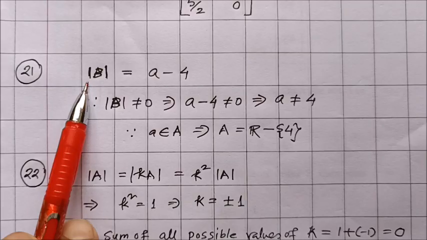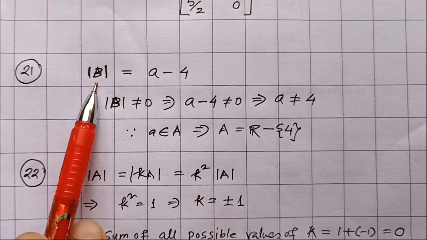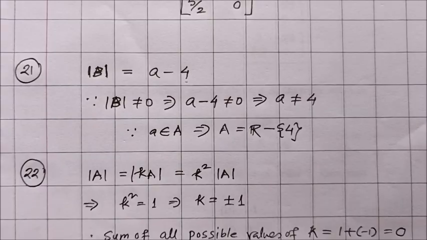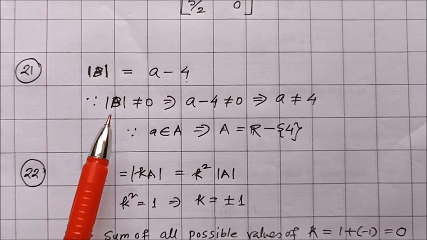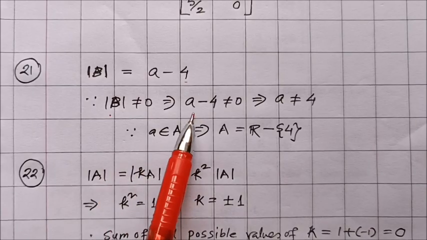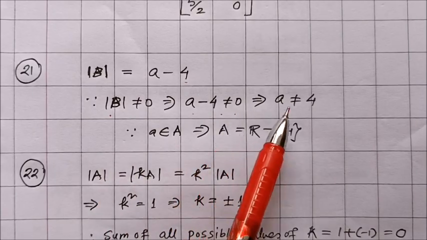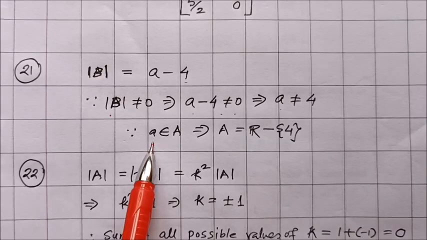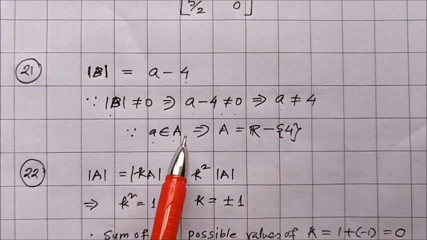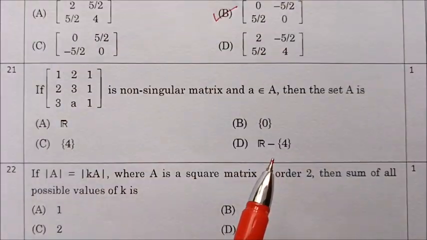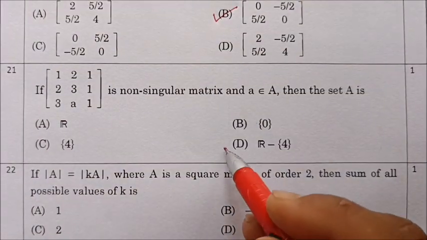So B, I have found the determinant of this matrix as A minus 4, and we know that for a non-singular matrix the determinant value should be non-zero. So A minus 4 is non-zero, so A is not equal to 4. That means small a belongs to capital A must be all real numbers except 4. That means in 21 our option will be D.